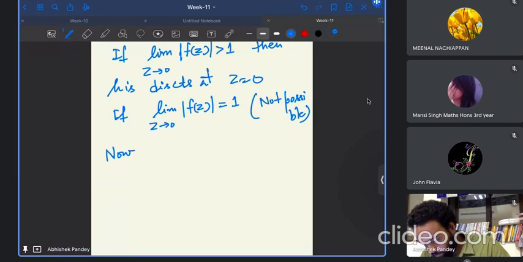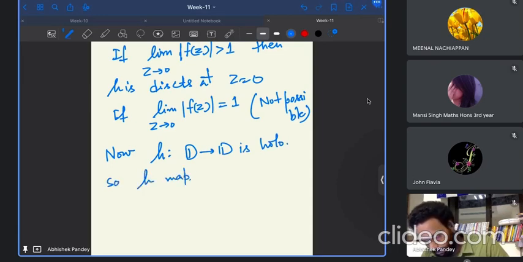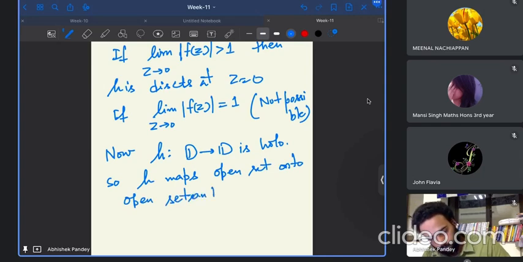Now let us take this function h from D to D, holomorphic. So h maps open sets onto open sets, and f is a bijection on D star.